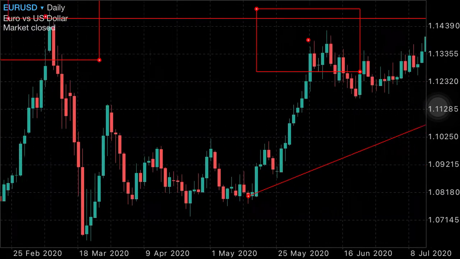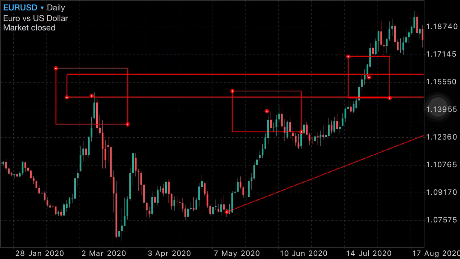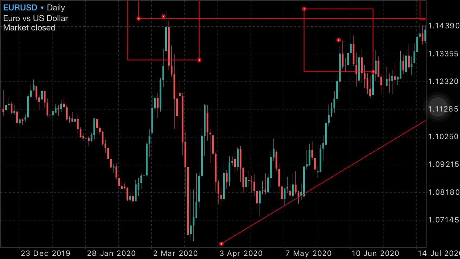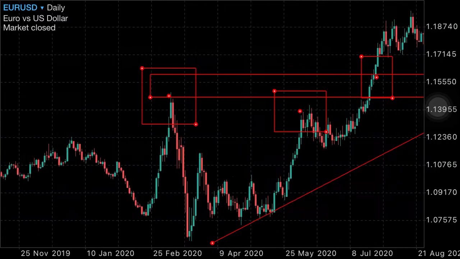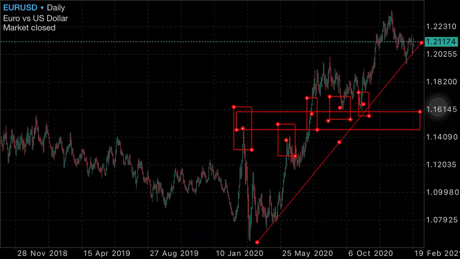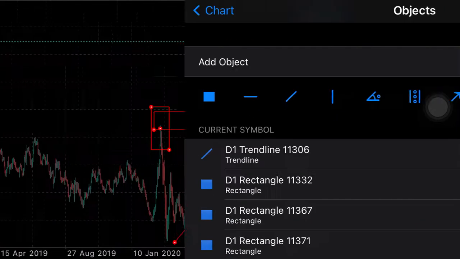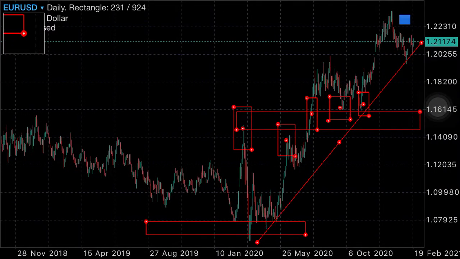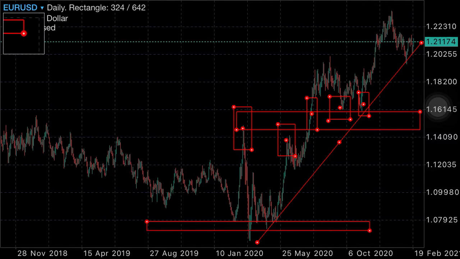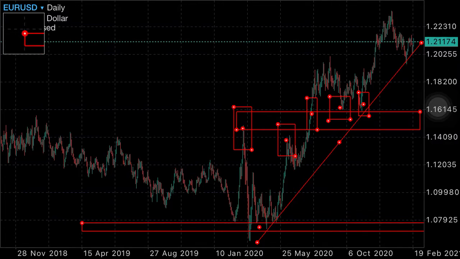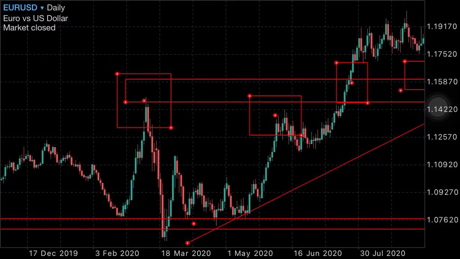For those that are just coming in and don't know a lot about this, a support is actually a zone supporting the market upward, pushing it back up, saying no, this is not where you're supposed to be, go back there.